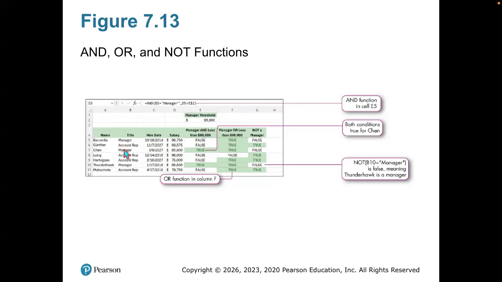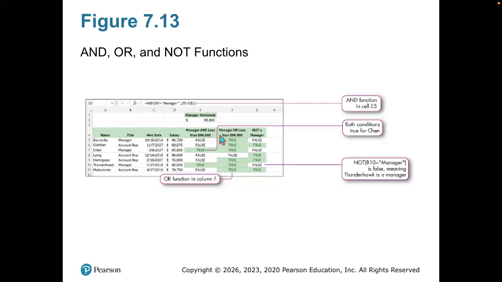If this person in row 7 is a manager, right? And D5 is less than E2, right? D5 is over here, is less than E2. So if they make this manager threshold, then they are a manager. So over here, the first one, Baccarella, is a manager, right? B5 is equal to a manager, and the salary is over 98,000. Therefore, this outputs as true.